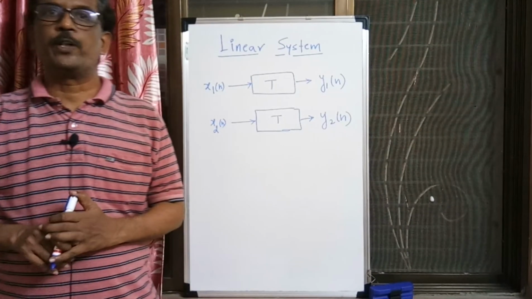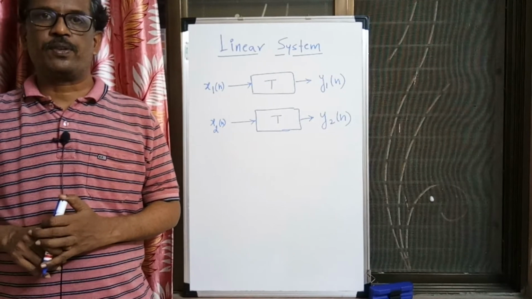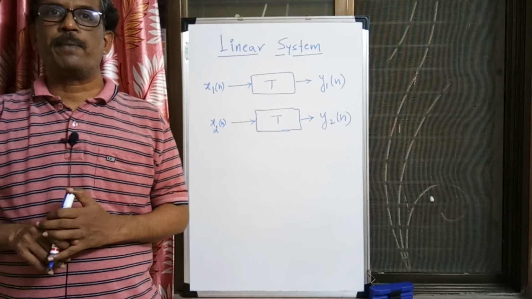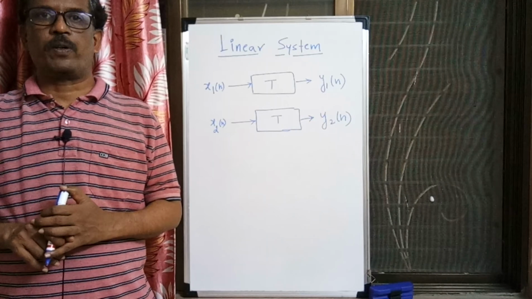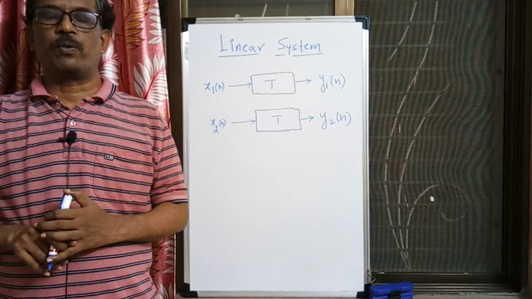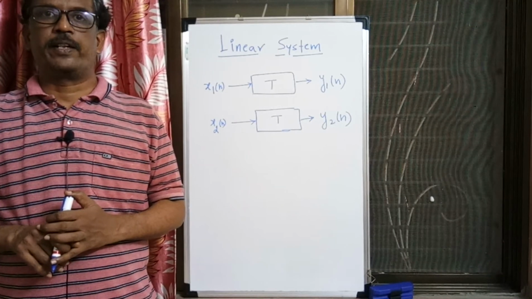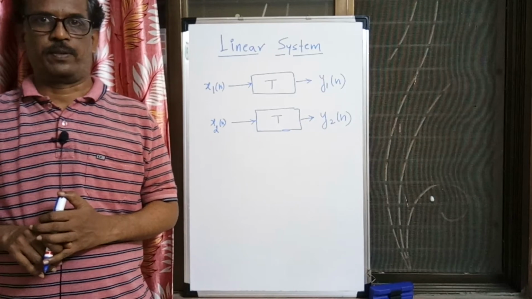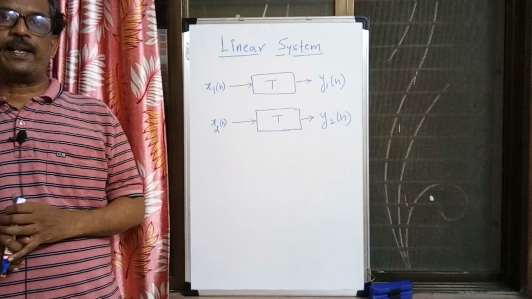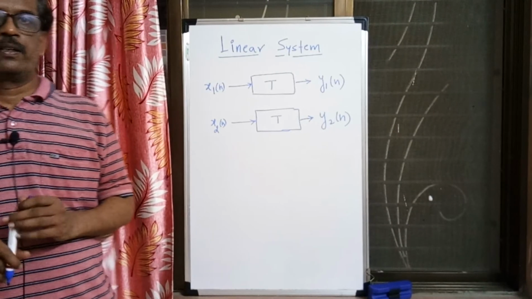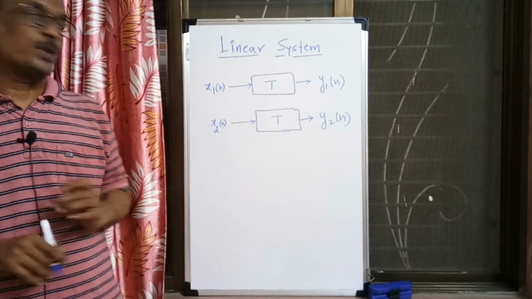So the responses to the individual inputs are known to us. The response of the system is the output of the system for that particular input. y2[n] is a response to the input x2[n]. Now we'll see what happens if we take the linear combination of these two inputs.